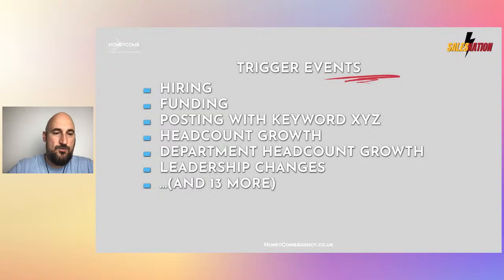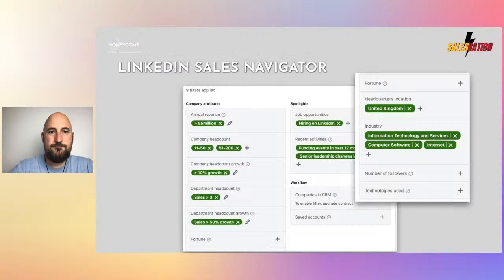And on LinkedIn, once we have the ICP, the target accounts, and the trigger events ready, we just go to LinkedIn Sales Navigator and put all of these things into our search, and we filter it down.